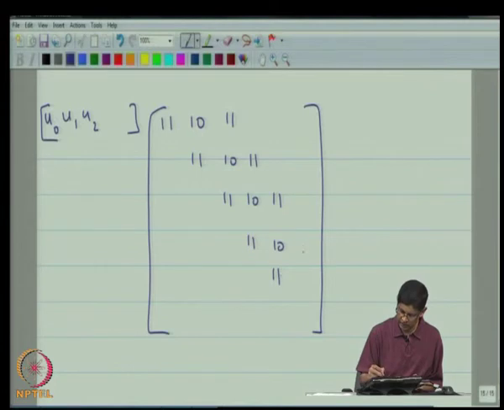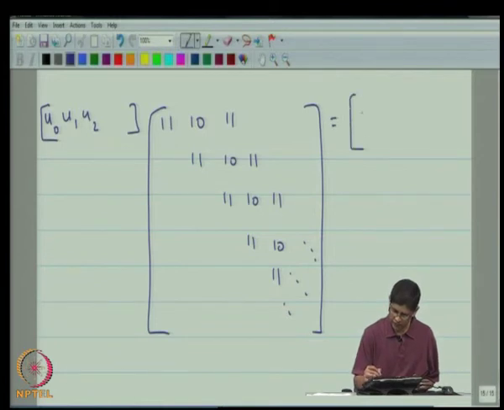So it will be a semi-infinite generator matrix of this type, and this is what will lead to V1 0, V2 0, V1 1, V2 1, etc.